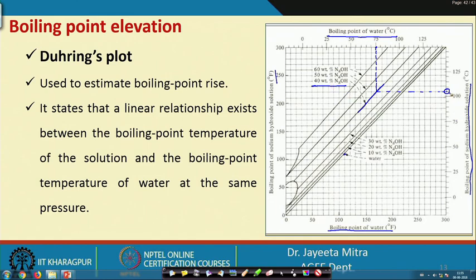The difference between this point and this point, 1.1 and 0.2, gives us the boiling point rise or boiling point elevation. At a particular temperature and pressure, the relationship between pure water and the dissolved material will generally follow a linear relation.